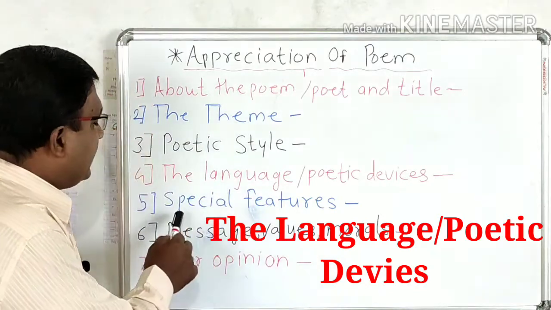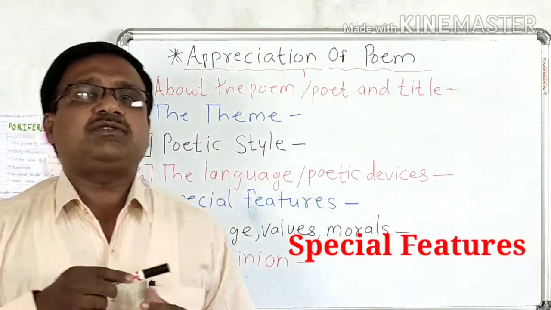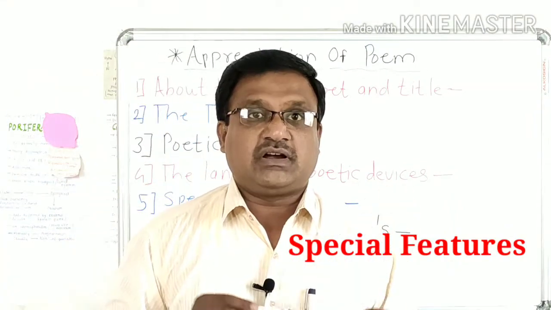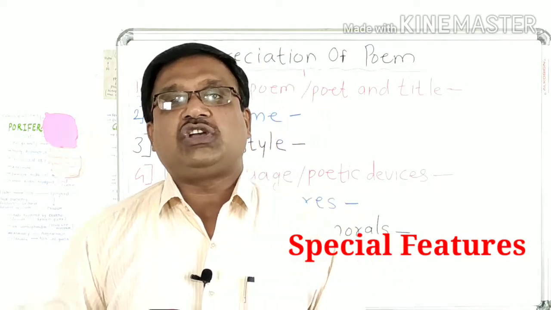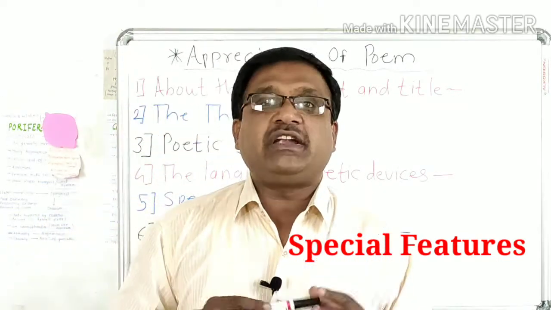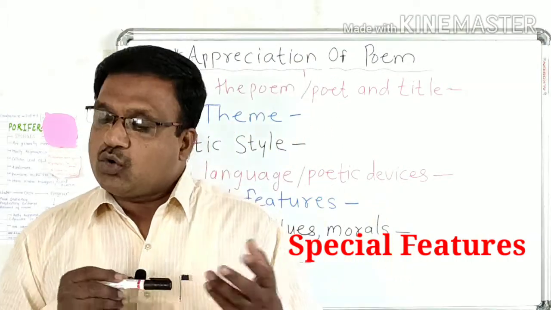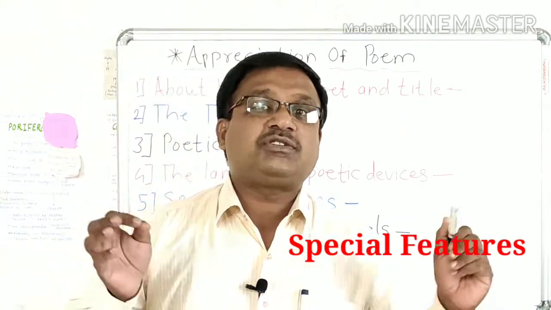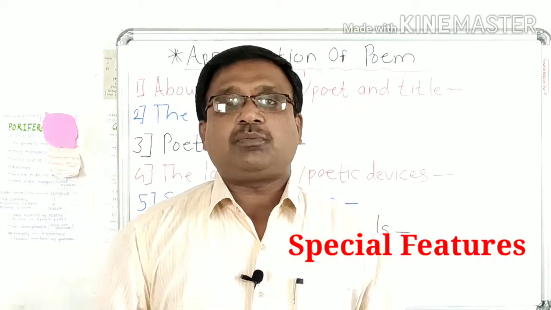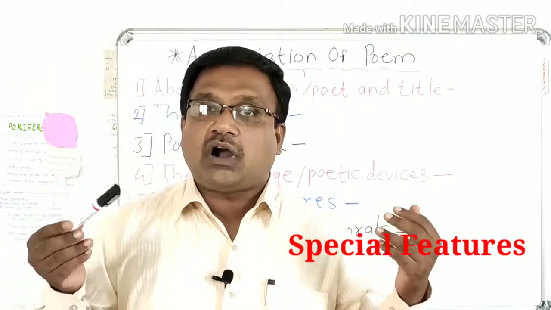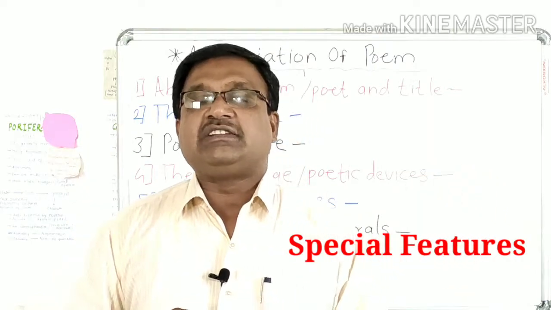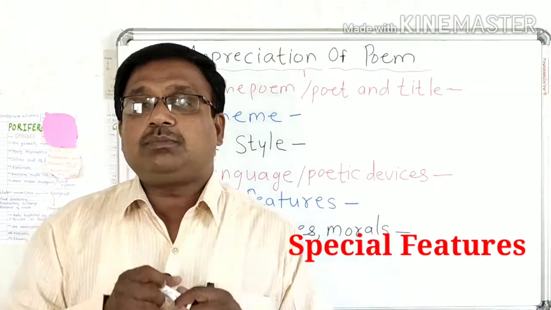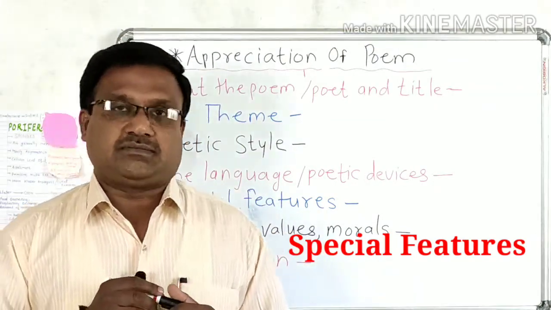Next, the topic is special features. What are the special features of the poem? The special feature is rhyme, the rhyme scheme which he used in his poem. What types of rhyme scheme he used, we have to find out from the poetry, as well as the meter used by the poet. What types of meter, means how he included his hobbies, his interest in the poetry, the tone of the poem, as well as the metaphor.